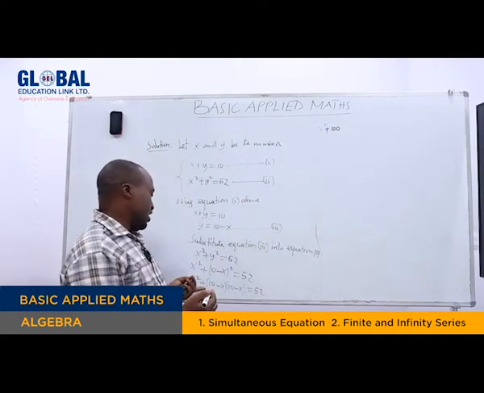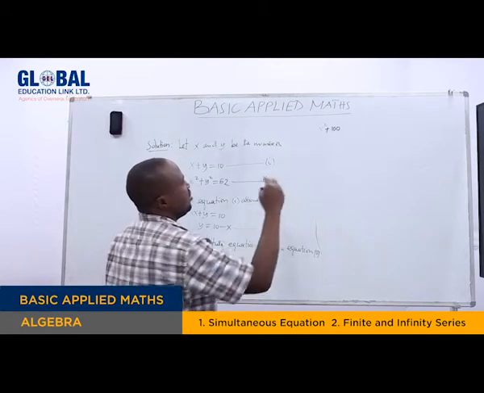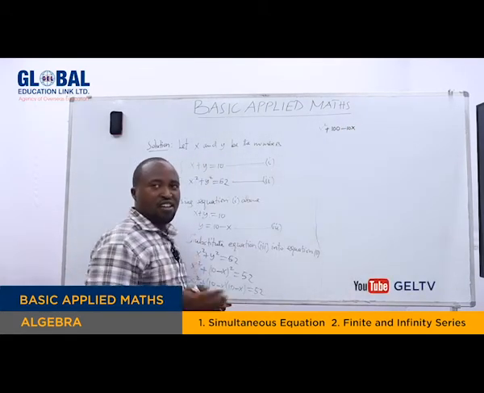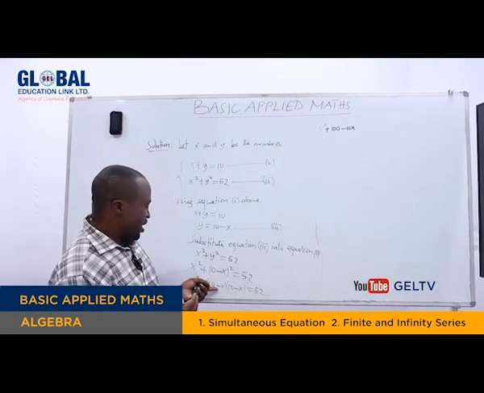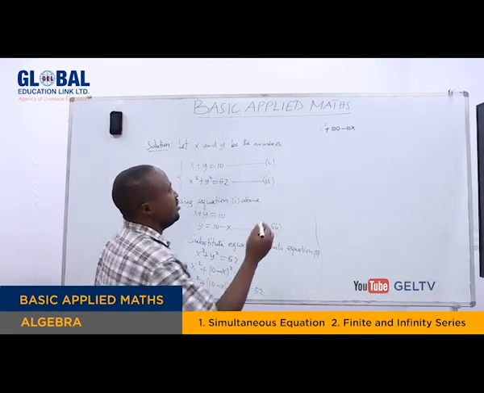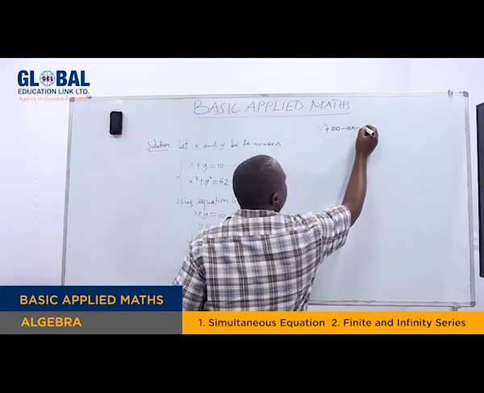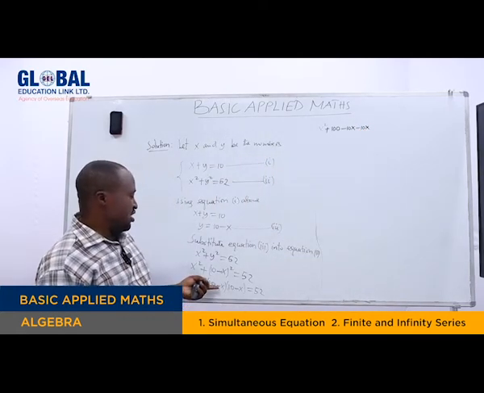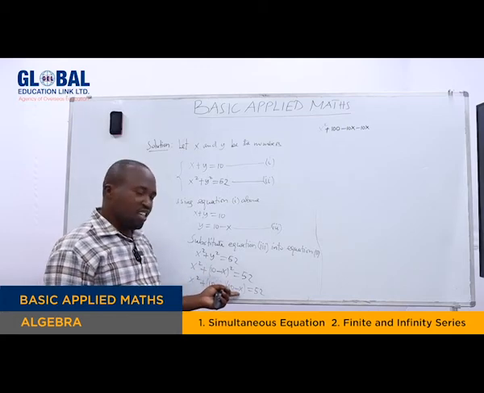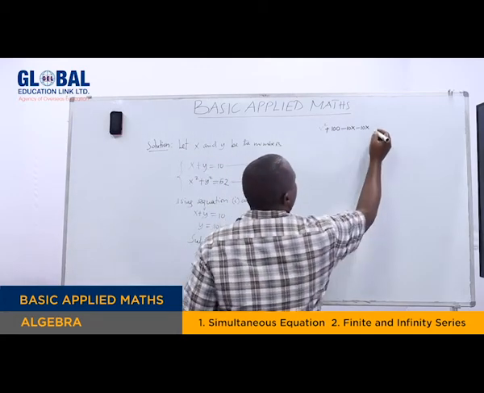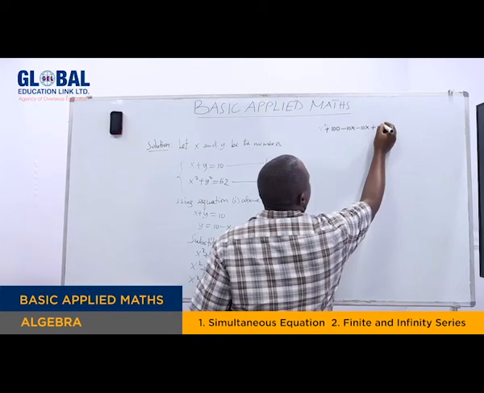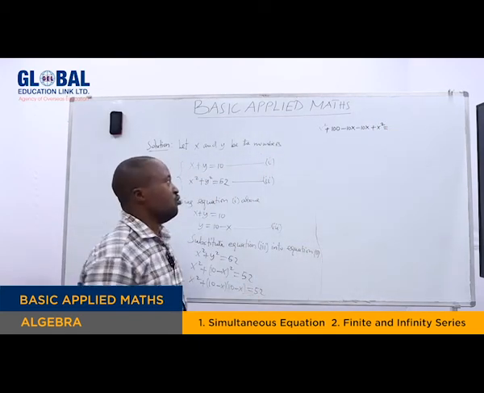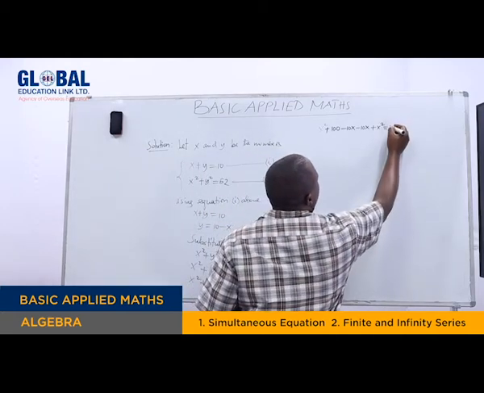Then 10 times negative x, we have negative 10x. But again, we have negative x times 10, so again here we have negative 10x. And the last one is negative x times negative x, which is going to be positive x squared, which is equal to 52.